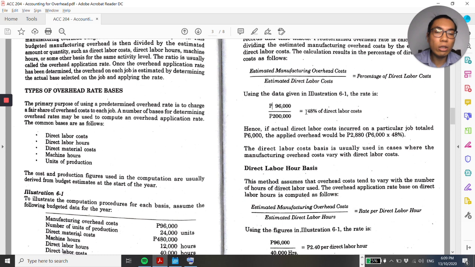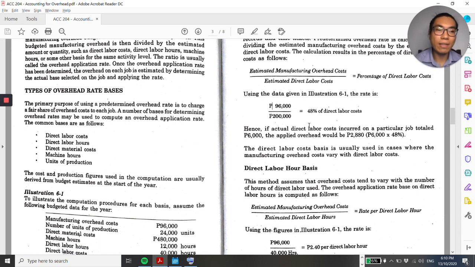If we are going to interpret this predetermined overhead rate, it would mean that, for example, yung certain job would incur 6,000 pesos na direct labor costs, it would mean na 48% of that total direct labor costs would be our applied overhead costs.